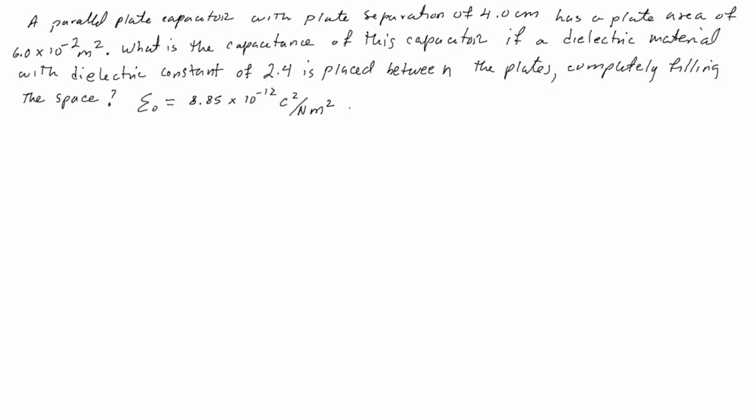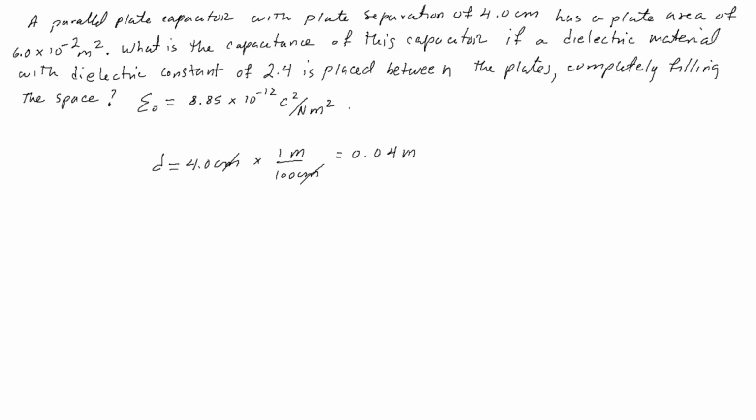Now, again, we have the distance between plates in centimeters. So we know that 4.0 centimeters times 1 meter every 100 centimeters will give us 0.04 meters of distance between plates.